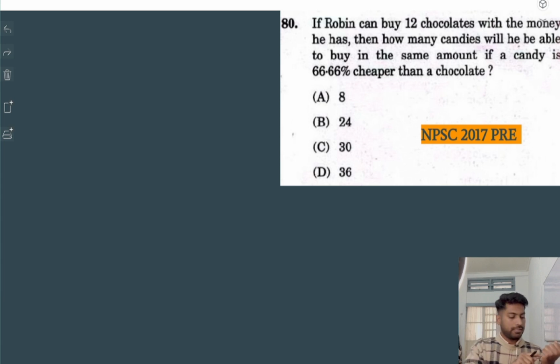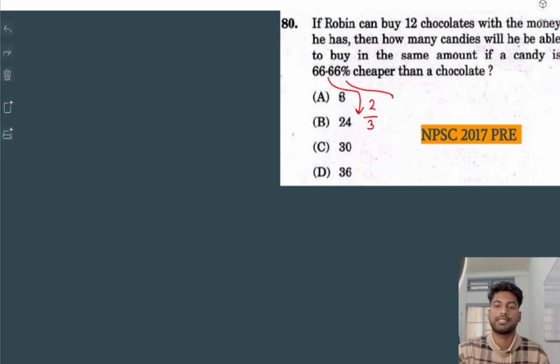Now there is a condition: how many candies will he be able to buy with the same amount if the candy is 66.66% cheaper than chocolate? Whenever you see this kind of percentage, break it into a fraction. This is 2 by 3, roughly 66 and 2 by 3. So the candy is 2 by 3 cheaper than the chocolate.